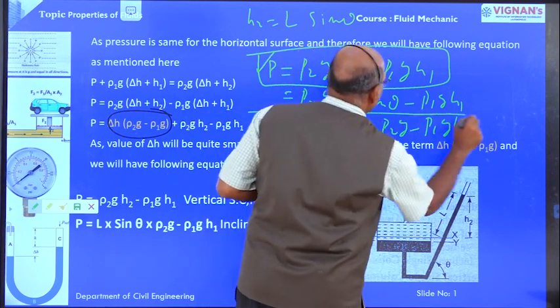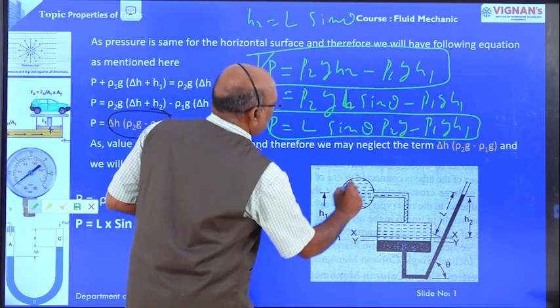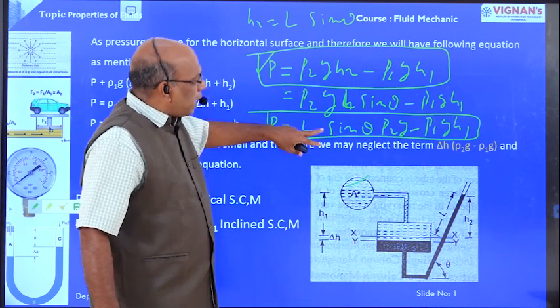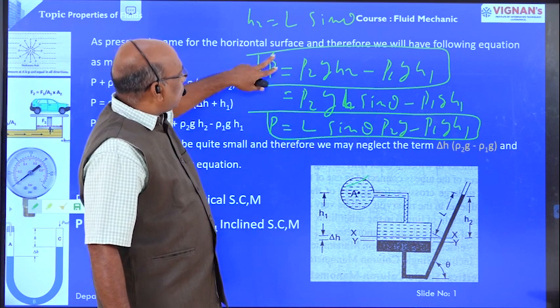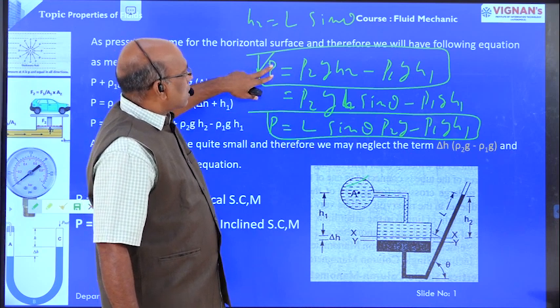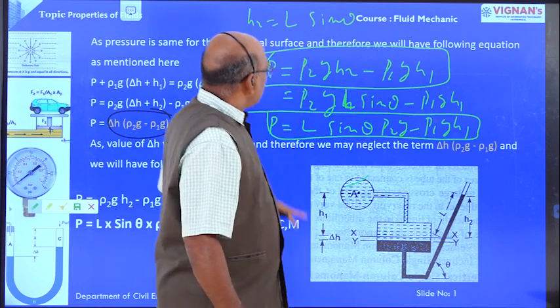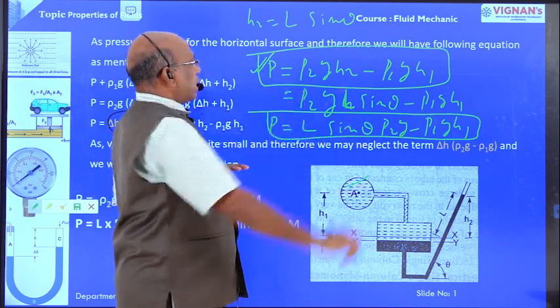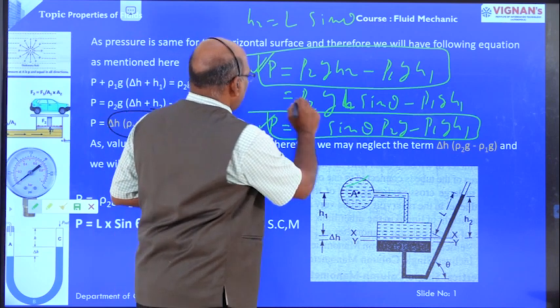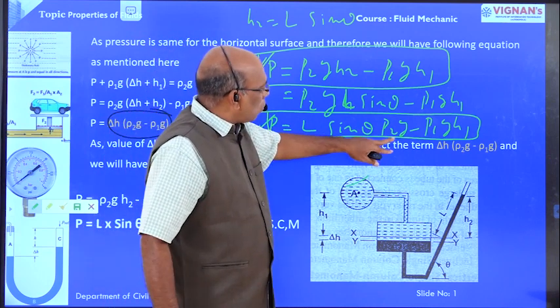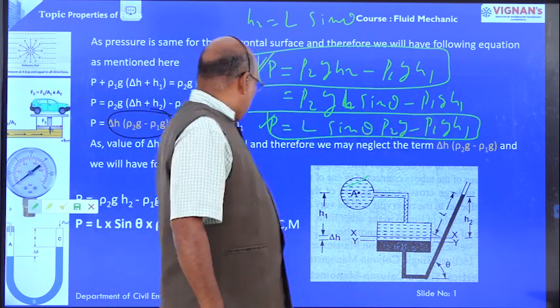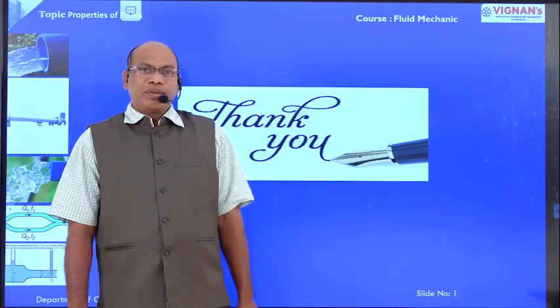This is the formula used for the determination of pressure at point A in case of an inclined single column manometer. In case of a vertical single column manometer, the formula is rho 2 G H2 minus rho 1 G H1. Thank you one and all.